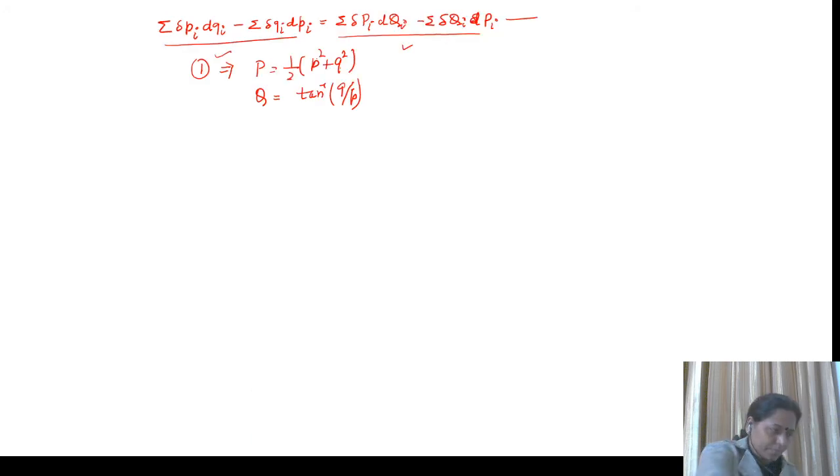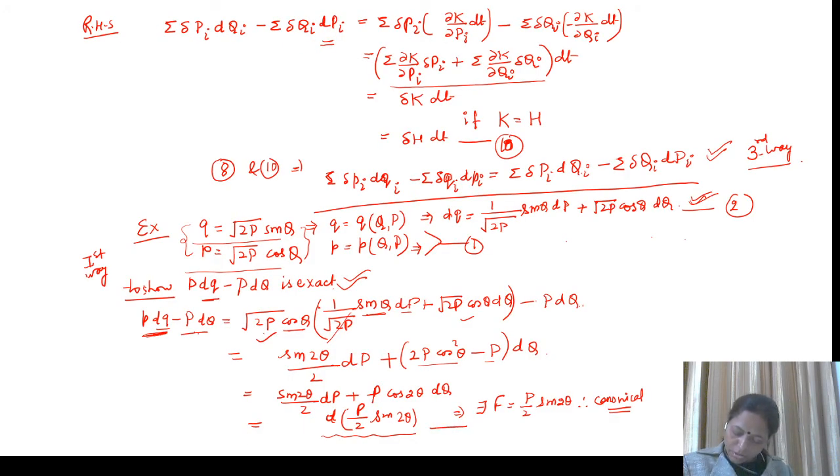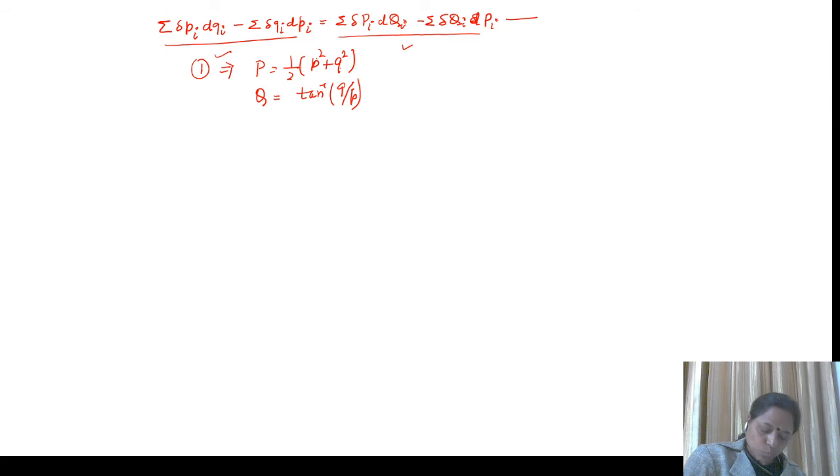Now for the second way, this you can say 3. This is 4 and these are 5. From here you can find delta Q and delta P. Delta P is equal to, this will be the variation, delta P is equal to half of twice p delta p plus twice q delta q.